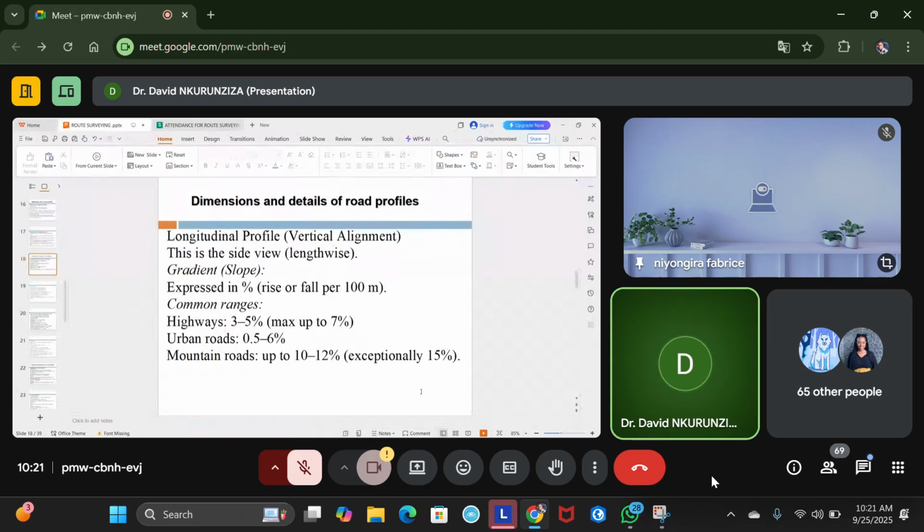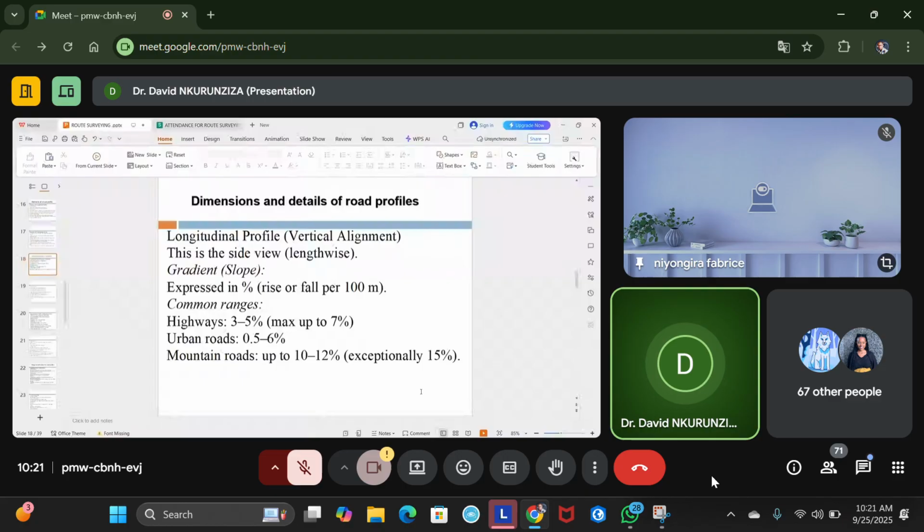We can also sometimes apply the AASHTO design manual where we don't have information. In some other countries, like India and China, they have their own design manuals. In Gabon, I think they use a French design manual, and in Congo, I think they also use a Belgian design manual. The dimensions I'm giving you here are generally based on AASHTO and the RTDA.